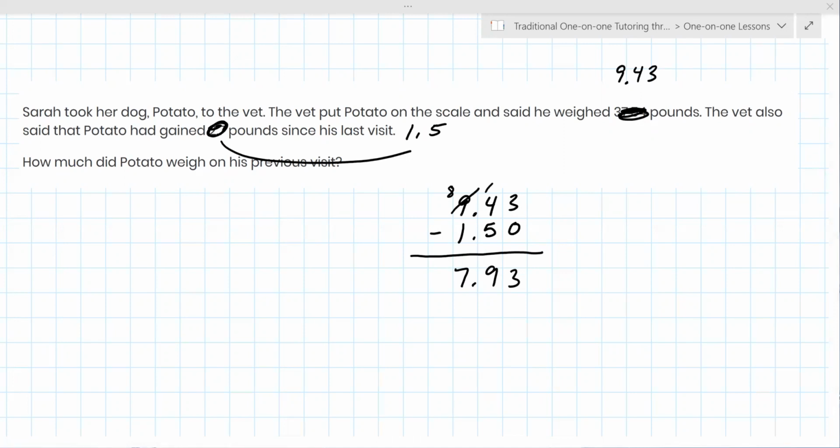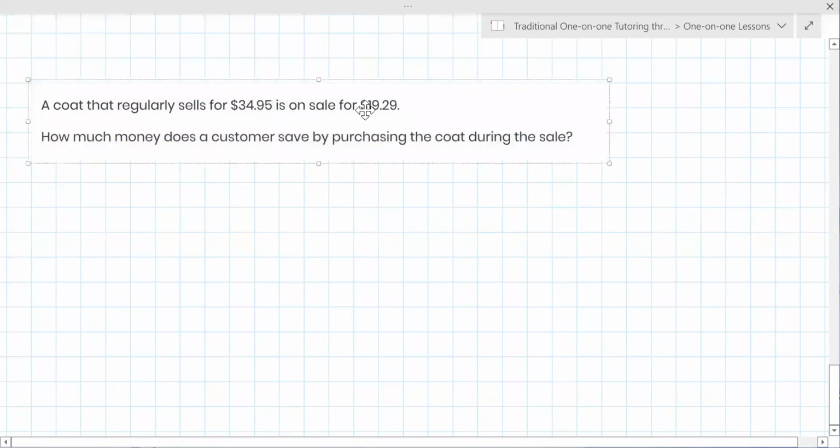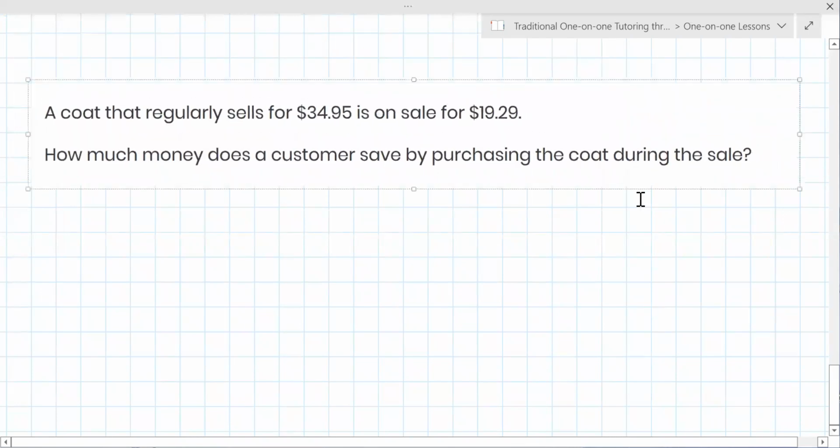All right. So I want you to read this problem and decide if it's addition or subtraction. Okay. So let me go put down here. All right, go ahead and read this to yourself and just let me know what you think, if it's addition or subtraction.